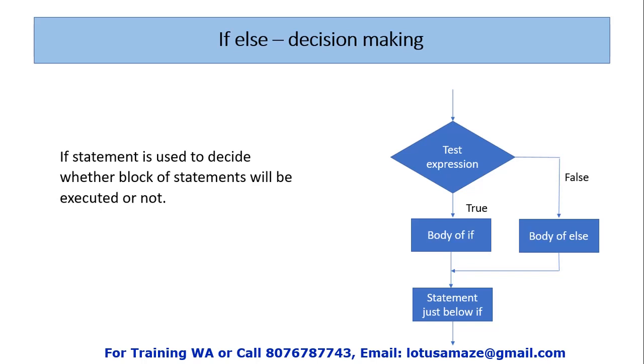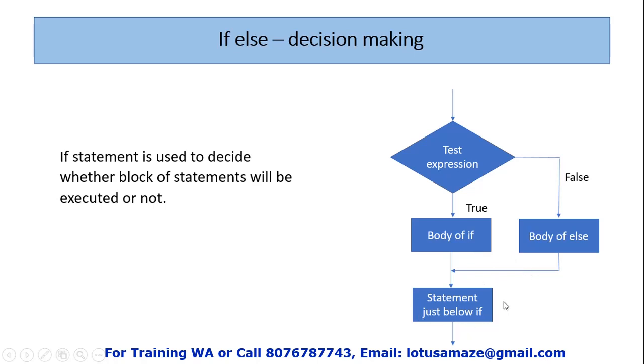Along with if, we need to have one test expression, for example, if i is less than 6. If this is true, then the body of if, whatever statements are given for the true case, will be executed. If that is false, then the else part will be executed. Once the if or else condition matches and completes, the statements below will be executed.